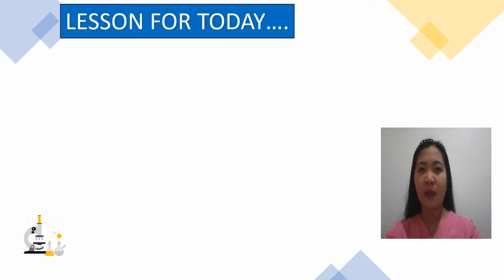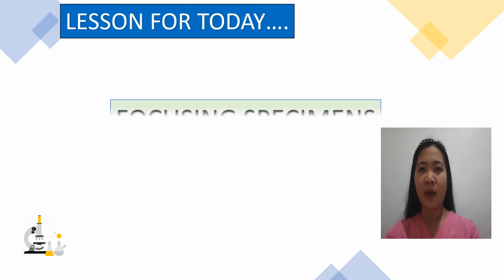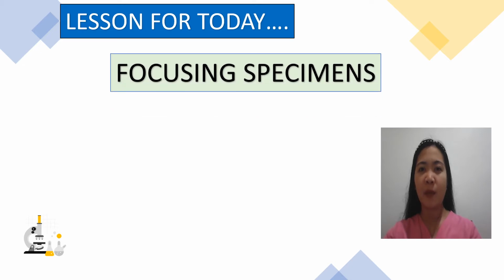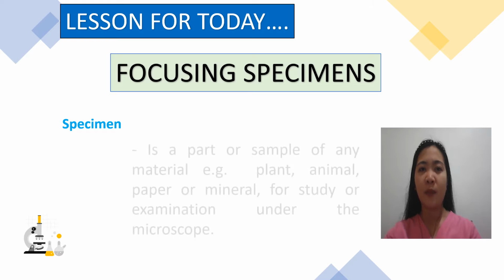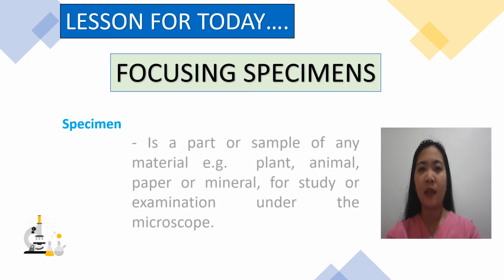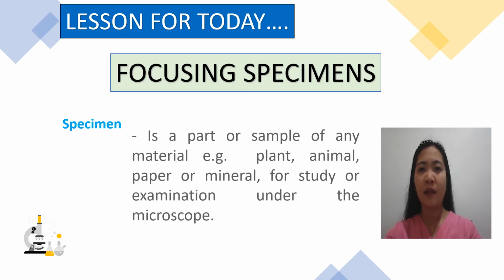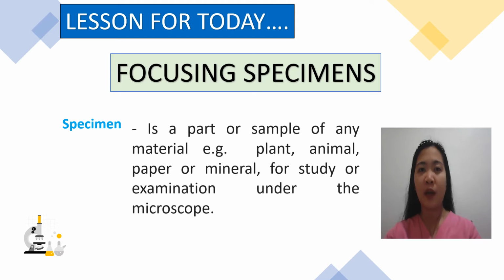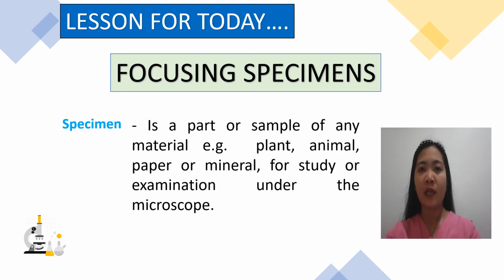There are some steps on how to use the microscope as well as how to focus the specimen using it. Let us define first the word specimen. A specimen is a part or sample of any material like plant, animal, paper, or mineral for study or examination under the microscope.